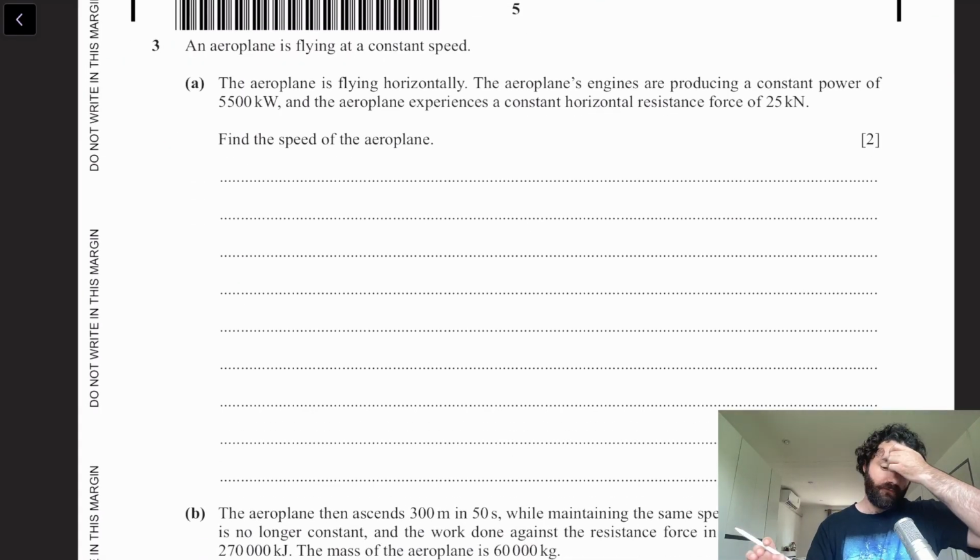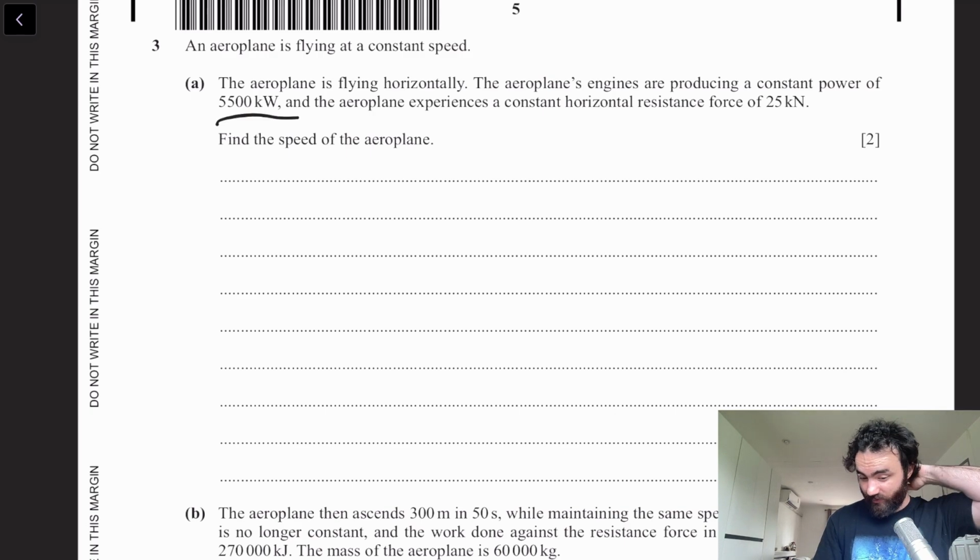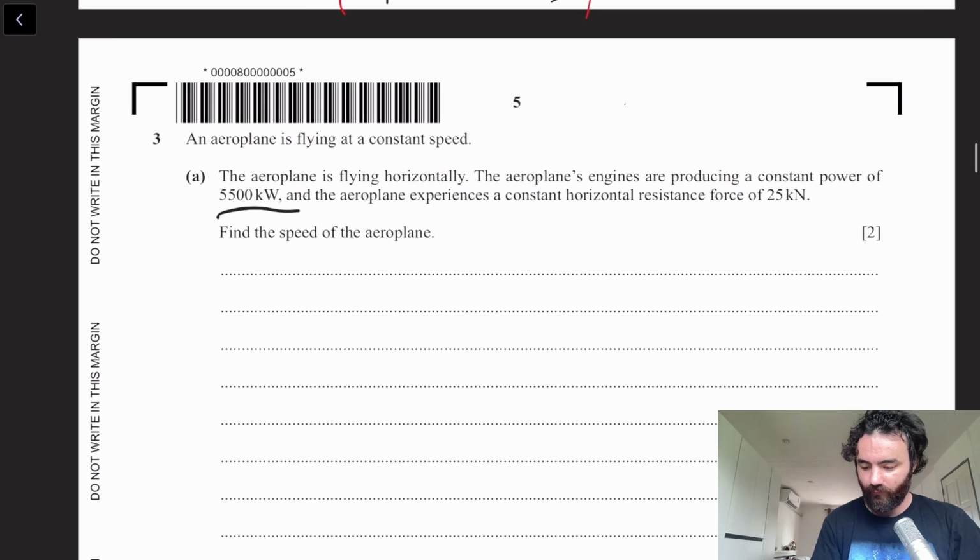An airplane is flying at a constant speed. The airplane is flying horizontally. The airplane's engines are producing a constant power, and the airplane experiences a constant horizontal resistance force of 25,000 newtons. Okay, so immediately I'm thinking of that power formula. Power equals force times velocity.